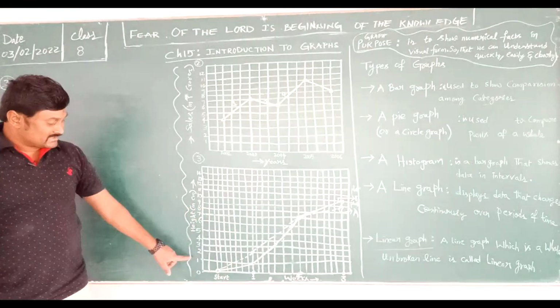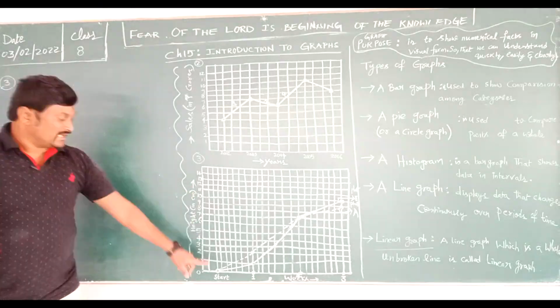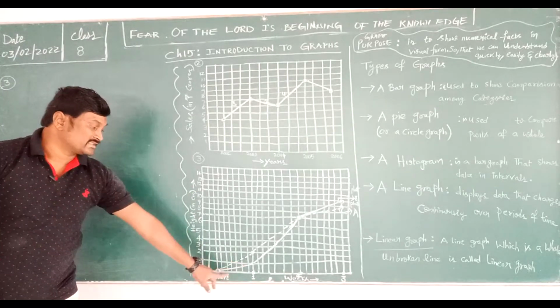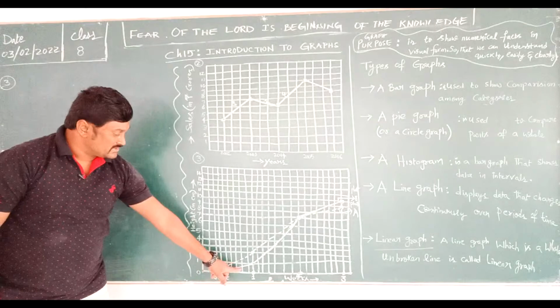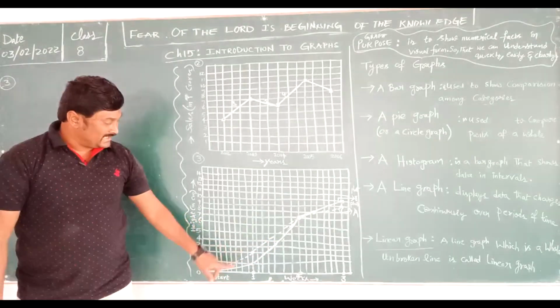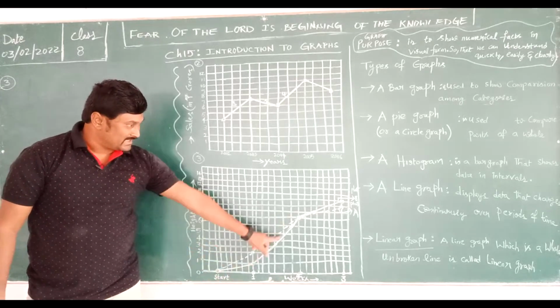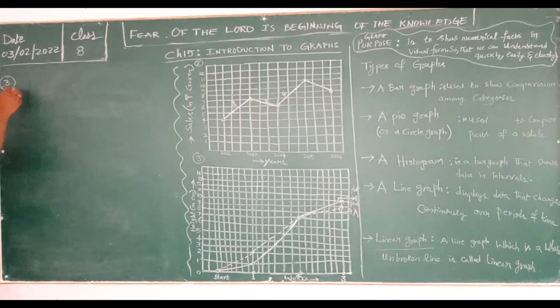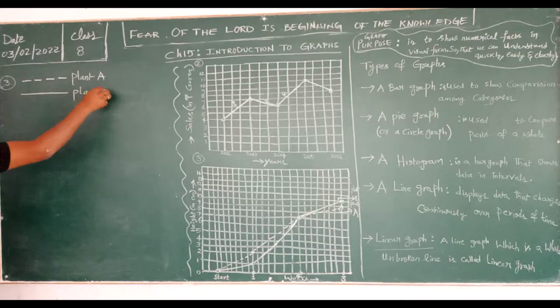So here the y-axis is height in centimeters, and the x-axis is weeks. The dotted lines, whichever you find, that is your plant A, and the line which is not dotted is plant B. If you want, I'll show here like this: whichever dotted line is there, that is your plant A, and like this straight line is your plant B in the graph.